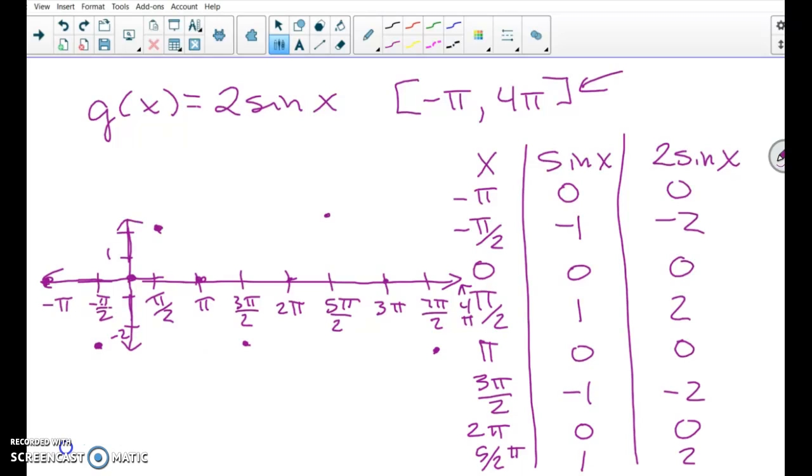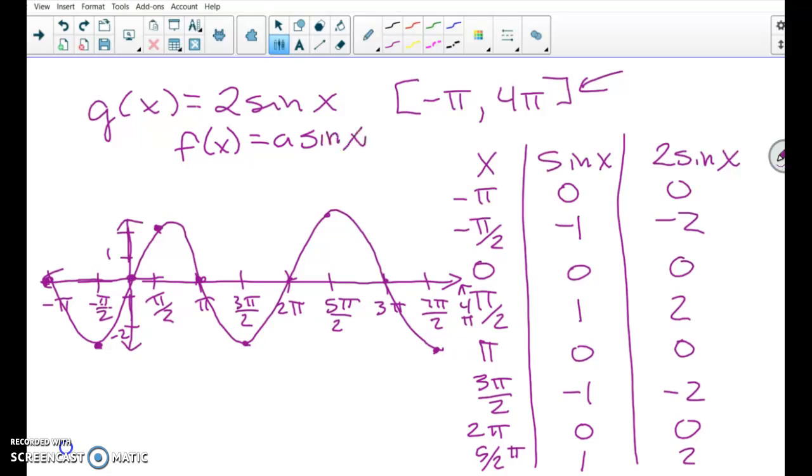We know that this is a cyclic curve, and the 2 in front of that, 2 sine x, is going to be our a value that we're going to talk about. f of x is equal to a sine x. They gave it a for a reason. It stands for amplitude.